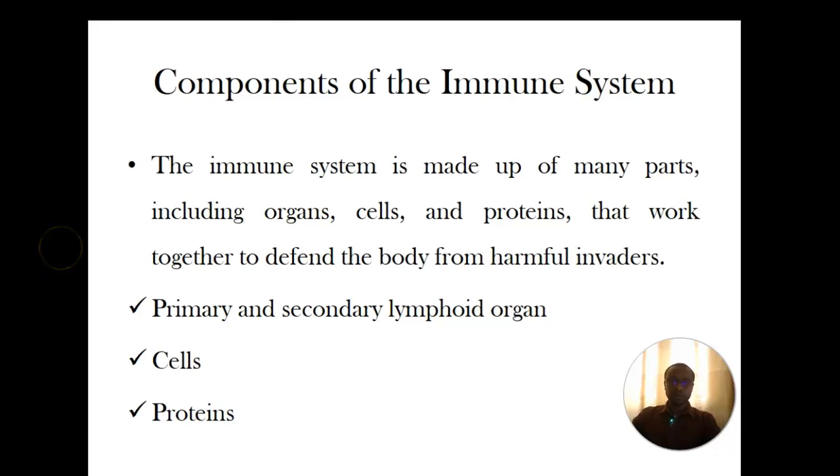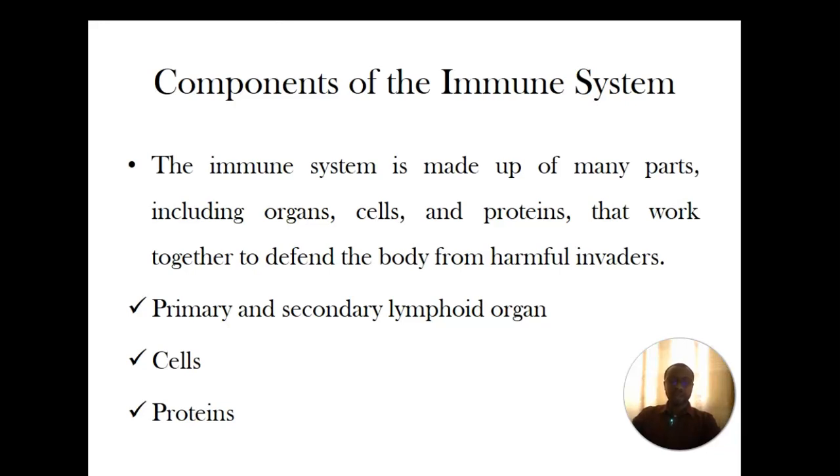As components of the immune system, the immune system is generally made up of many parts, which include organs such as primary and secondary lymphoid organs. The primary lymphoid organs are bone marrow and thymus, as well as secondary lymphoid organs such as spleen, lymph nodes, and tonsils; adenoids are a good example of secondary lymphoid organ.